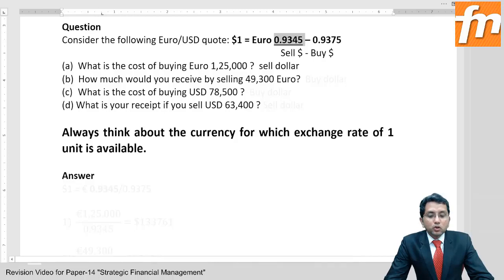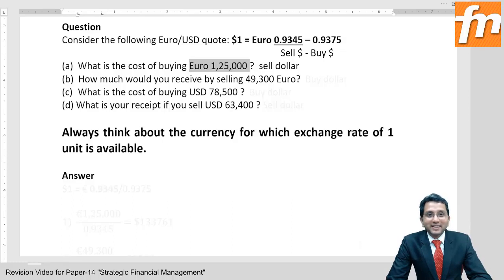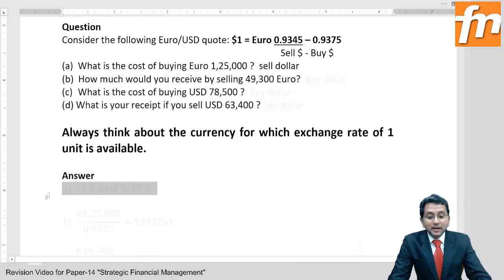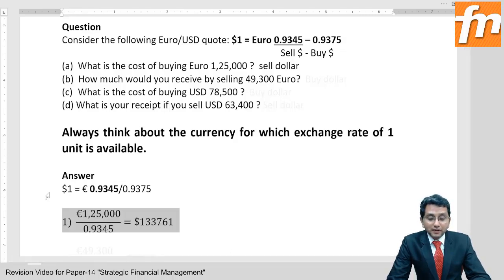Now the next thing is you have euros in your hand. If the rate is given for 1 euro, you'll multiply by the rate. But if the rate is given for $1, you should divide by the rate. And here the rate is given for $1, so you should divide by the rate. If you divide by 0.9345, the result will be $1,33,761. So if you want to buy 1,25,000 euros, you will have to pay $1,33,761.